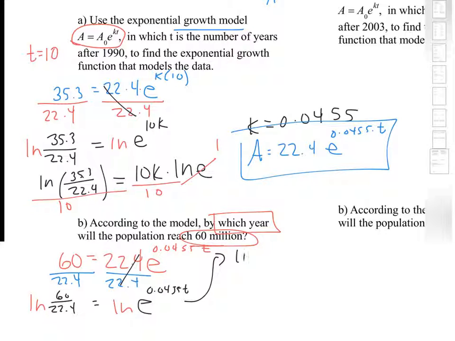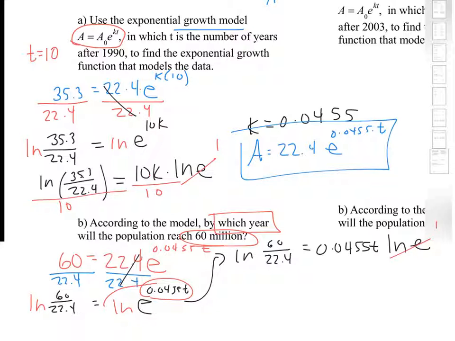I have natural log of 60 over 22.4. And I'm going to use that power rule that says that I can move the exponent down. So I'm going to write that as equals 0.0455t times ln of e, and ln of e, those are inverse operations, so I get 1.